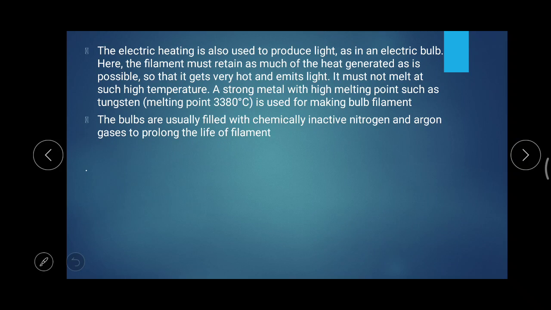One more thing you have to remember: the bulbs are usually filled with chemically inactive nitrogen and argon. Nitrogen and argon are chemically inactive.